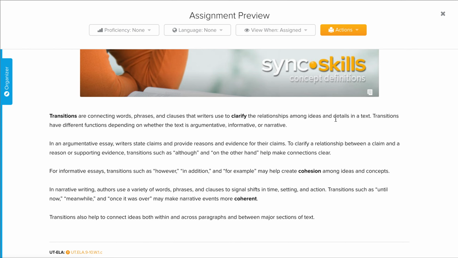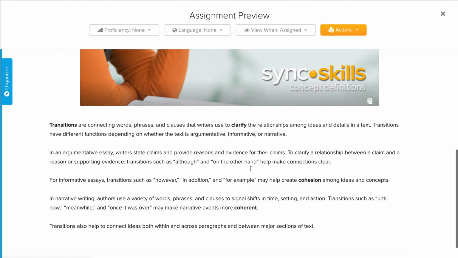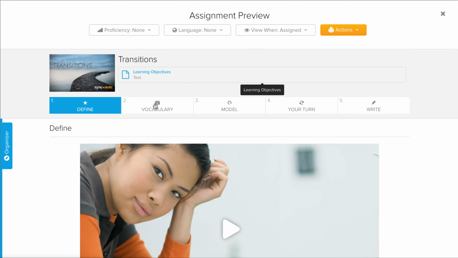All they're saying here is that these contrasting transition words, although, on the other hand, or conversely, or looking at it from another perspective, are typically used in argumentative writing, but you're not limited. All right, let's go ahead and move to tab 2.